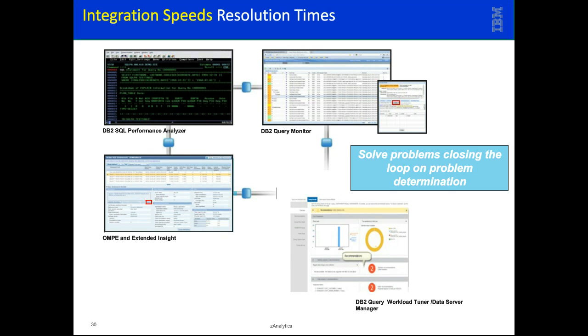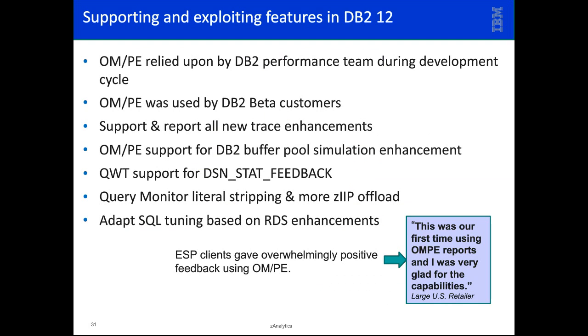On slide 31, it's just to let you know about OMEGAMON, OMPE. OMPE was relied upon by the development team. Also during the beta testing for DB2 12, OMPE was used by the beta customers to measure before and after, and even during their migration efforts. So this is the tool that not just our development uses, our beta customers do too, but it's truly there, and it had to support DB2 12 from day one.